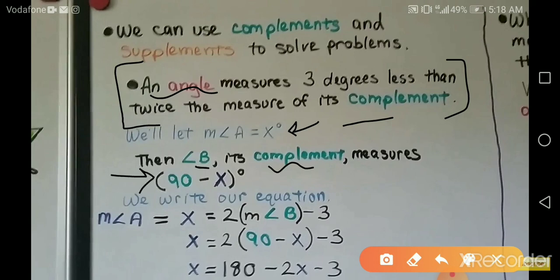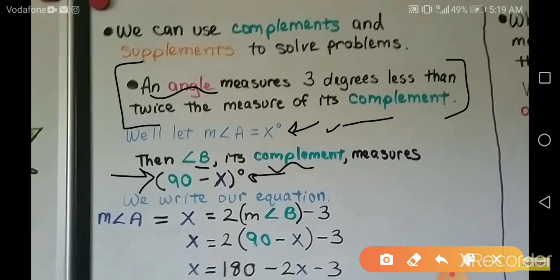Again, the complement means 90 minus x. This is the rule. So I have let measure A equal x. Measure B, the complement, measures 90 minus x degrees.